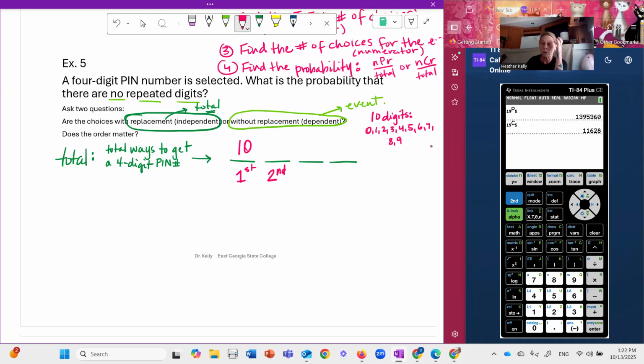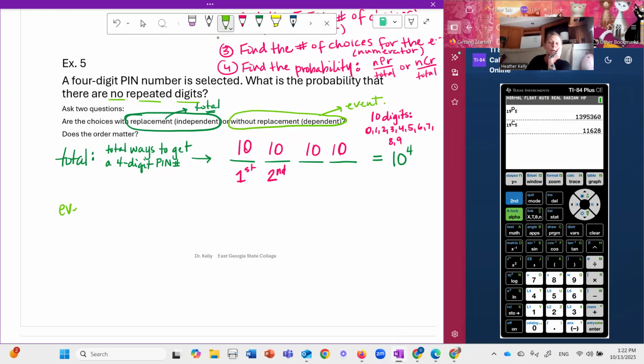Okay, use some logic. Because there can be repeats, there are 10 options for that second number, and there are 10 options for that third number, and in fact, there's 10 options for that fourth number. So the total here is going to be 10 to the power of 4.